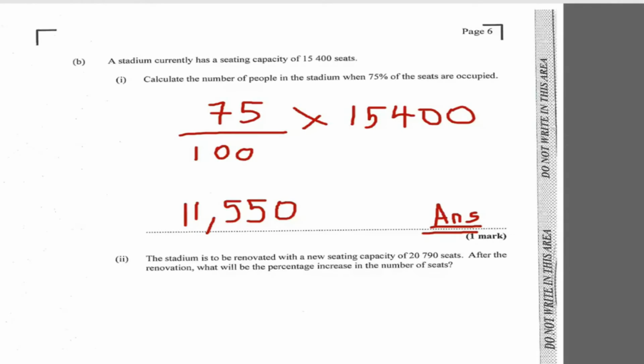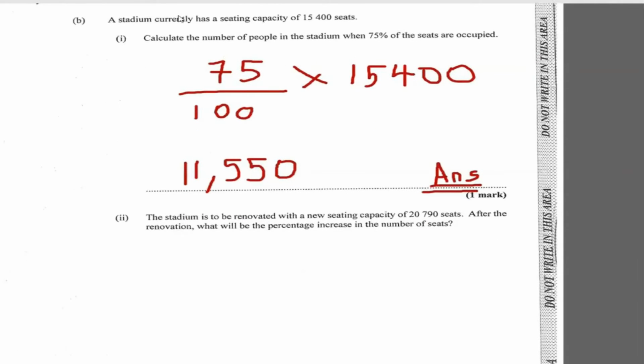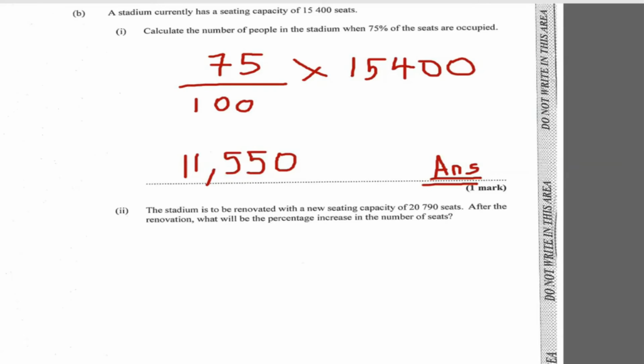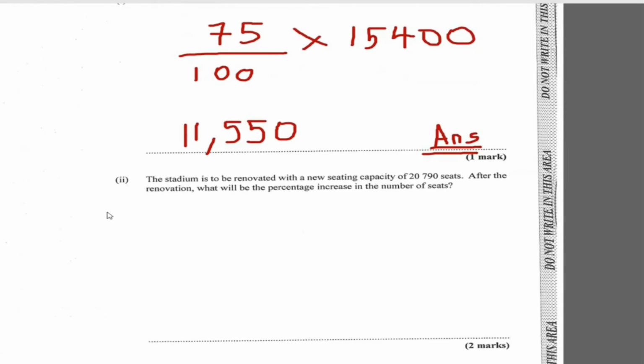To find the percentage increase, first we need to find how many seats it will increase by. The increase is going to be the difference between this capacity and the original capacity.